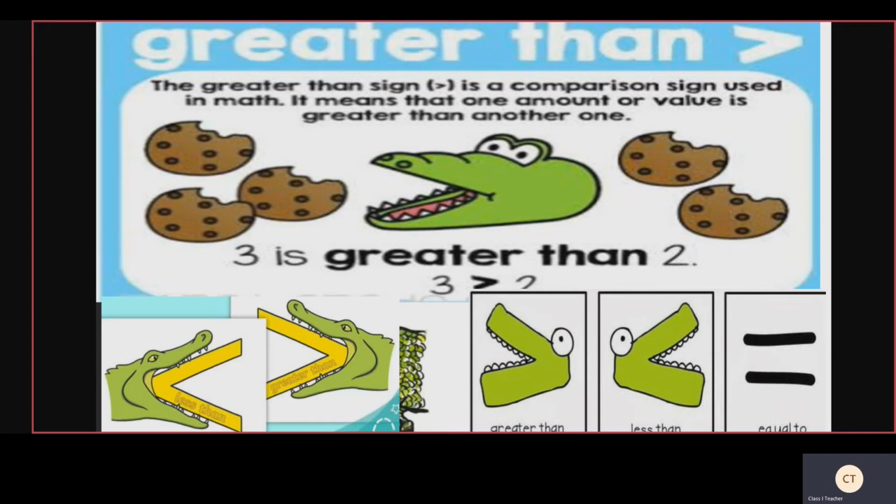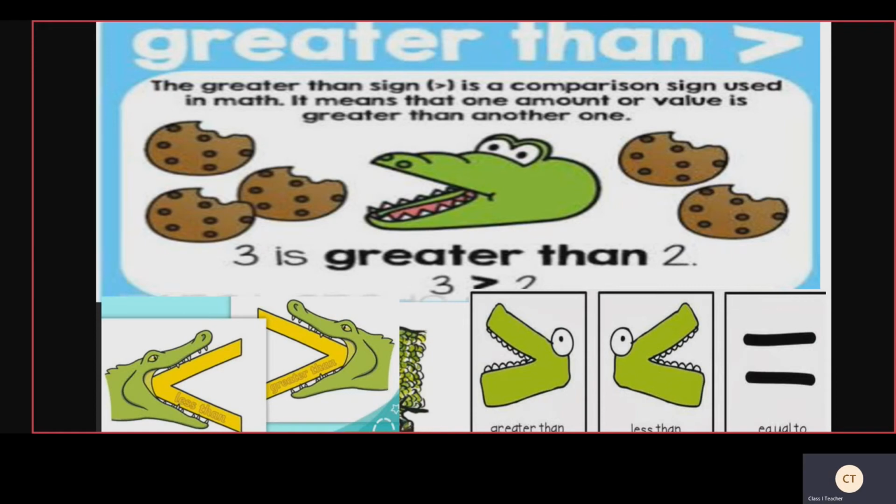You can see they look similar to each other. Children, observe it. In fact, they are mirror opposites of each other, children.